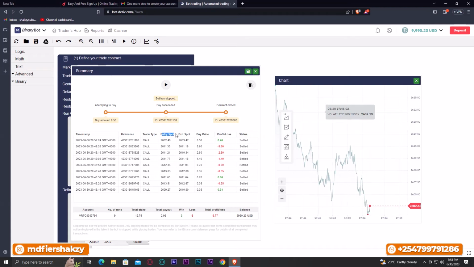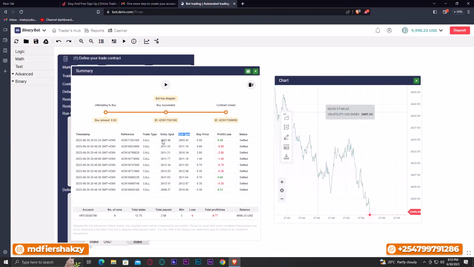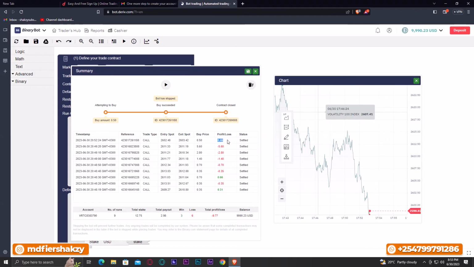Entry spot, where did it enter the trade? Exit spot, where did it get out of the market? So you see 2602.48, 2603.42. This exit spot is higher than this entry spot. That is why we won.